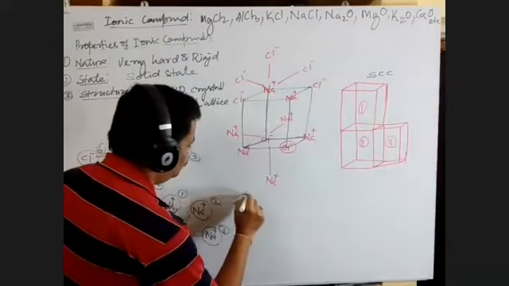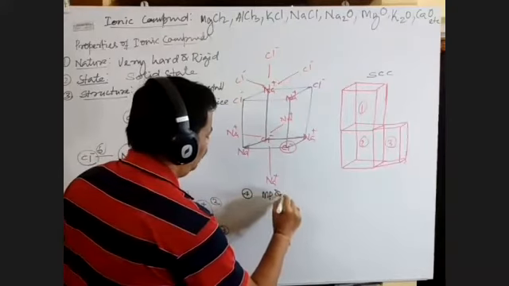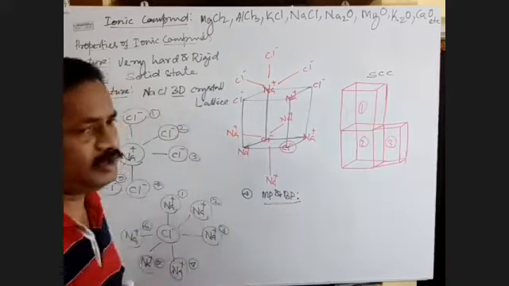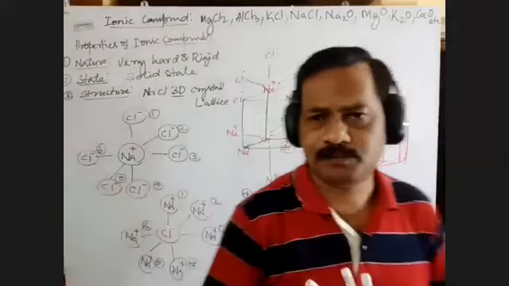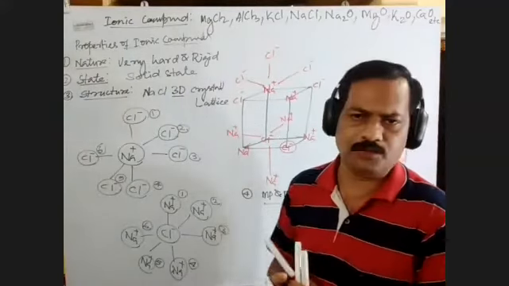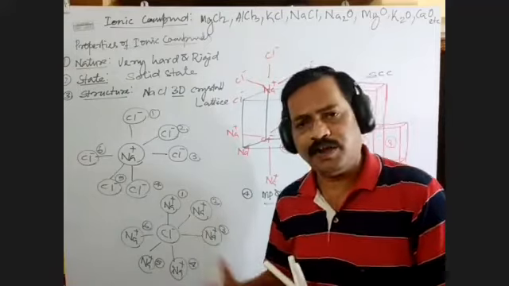Next, point number 4, about the melting point and boiling point. Generally, because the electrostatic force of attraction is very strong, this strong force holds the two ions together, so you cannot break it easily.